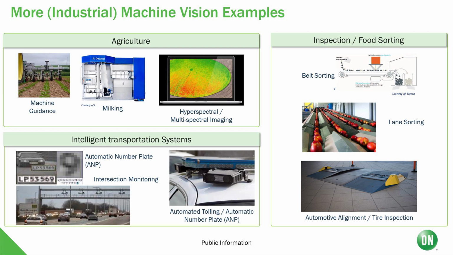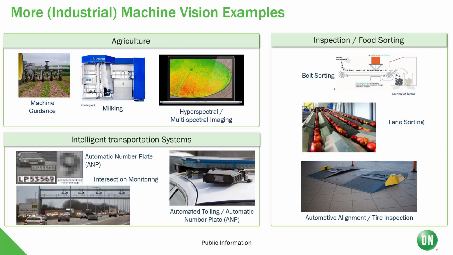Some additional examples as we move into not as much the consumer but more the industrial space. Many different applications for our larger format sensors. Agriculture, a big growing area for machine vision.